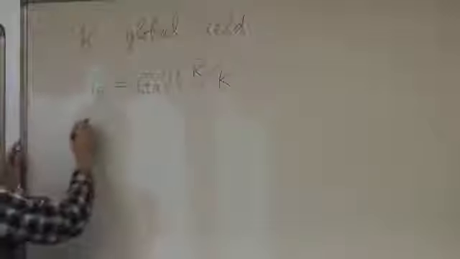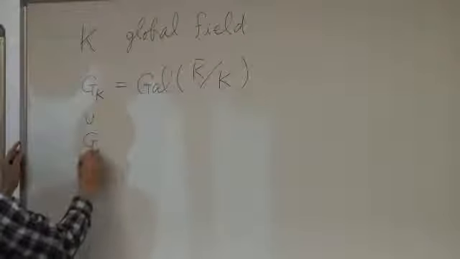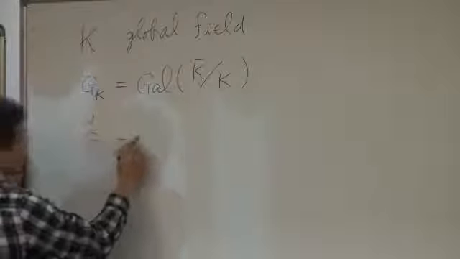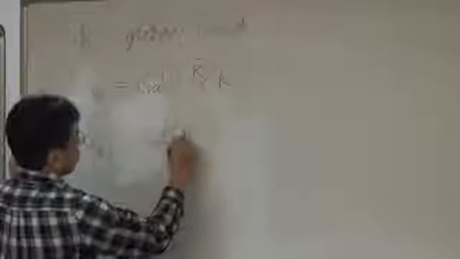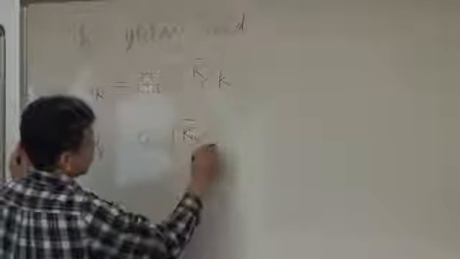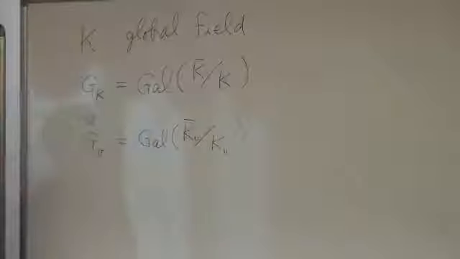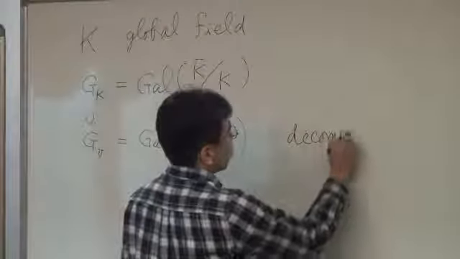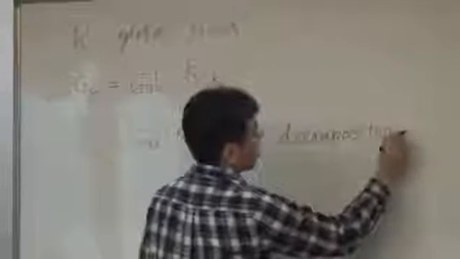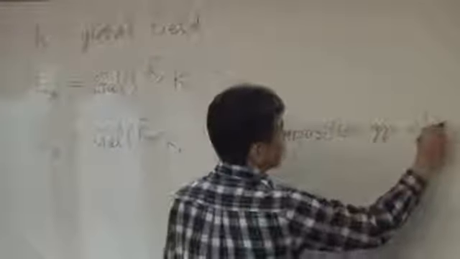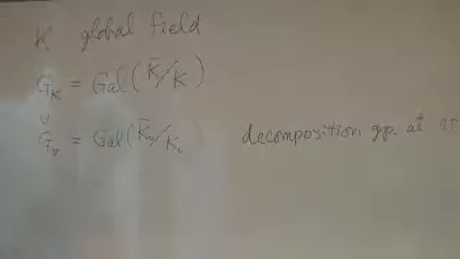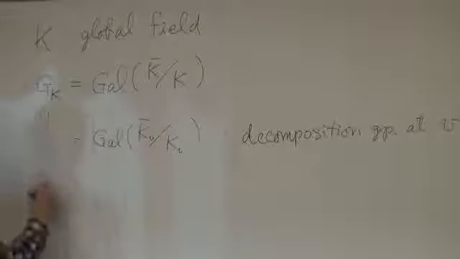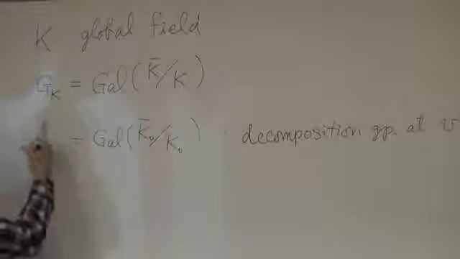Consider the decomposition group G_v. I fix an embedding of K bar into K_v bar. Here v is any finite place of K. And let's consider Galois representations of G_K.